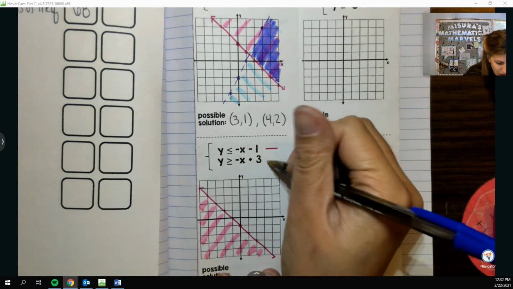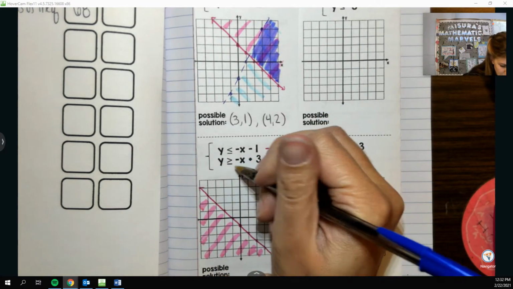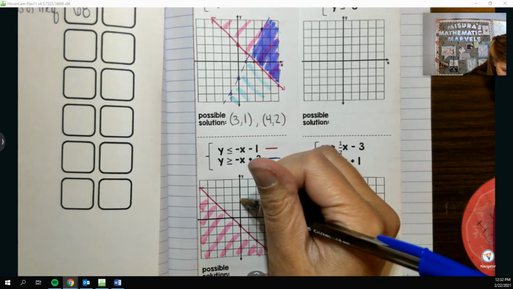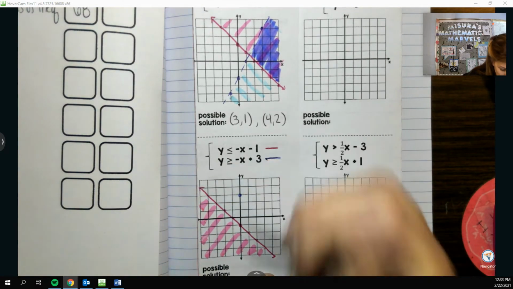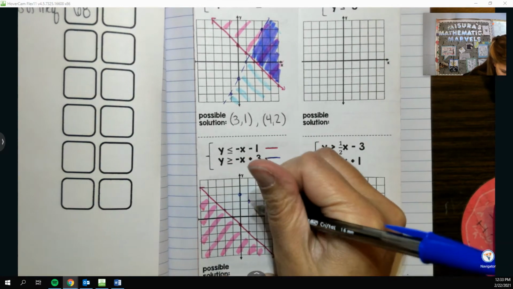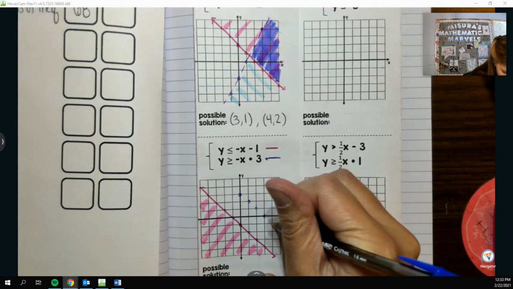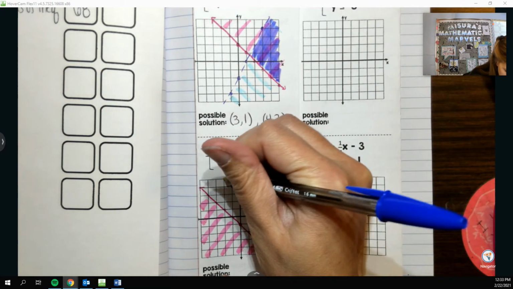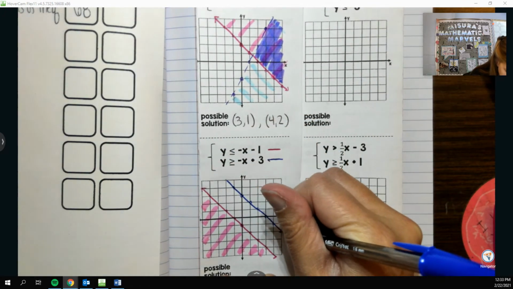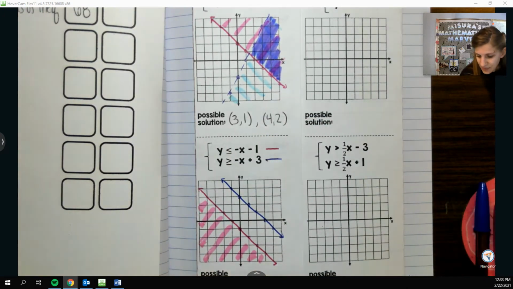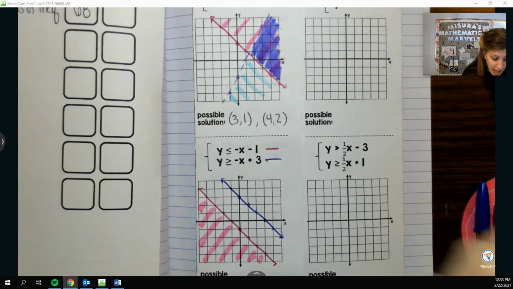The other line will also be a solid filled in line because it's equal to, starting at 3 on the y-axis with a slope of -1. That one is greater, so we're going to shade above.